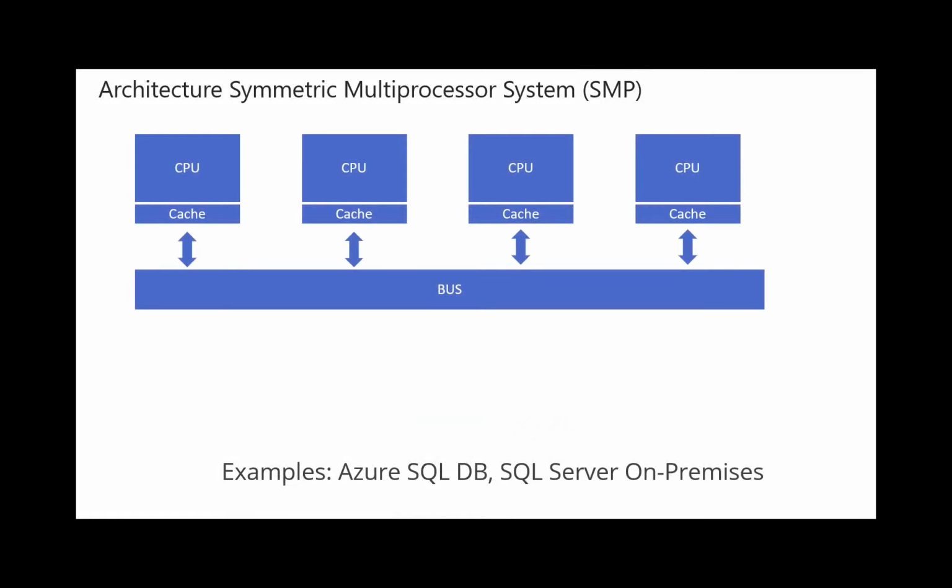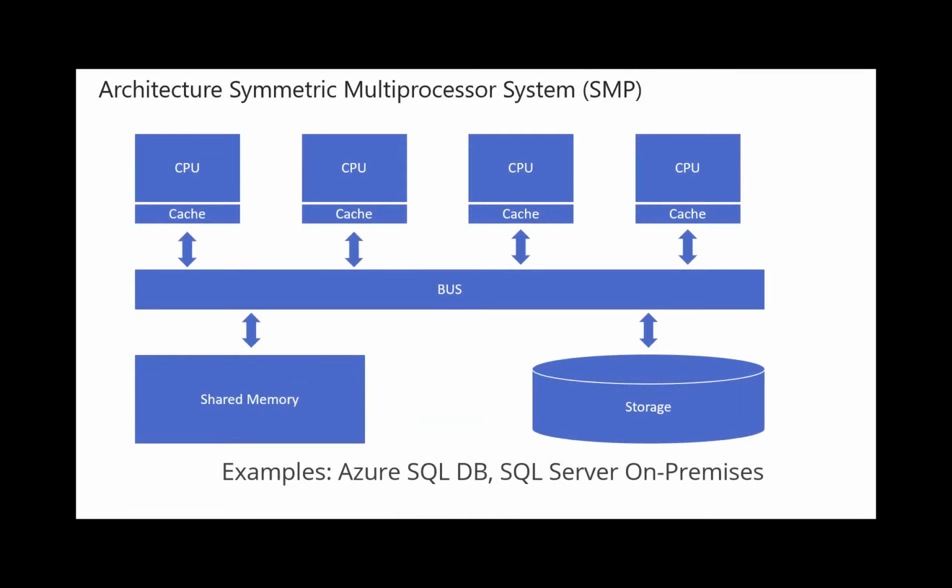All of them are using a symmetric multiprocessor system. What this means from a computing engine point of view is that each one of your CPUs is going to be sharing the storage and the memory when you send some workload. Imagine that you are querying information within a database.